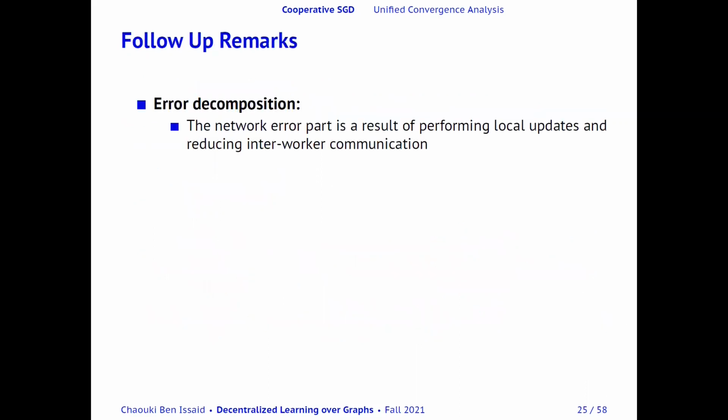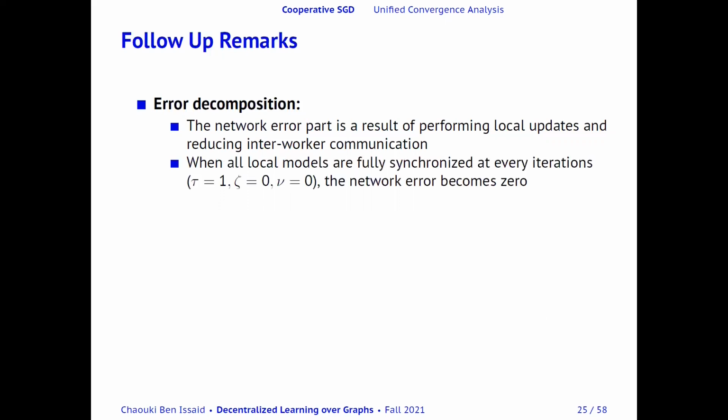The network error is a result of performing local updates and reducing inter-worker communication. When all local models are fully synchronized at every iteration, that is when tau equals 1, zeta equals 0, and nu equals 0, the network error becomes 0.